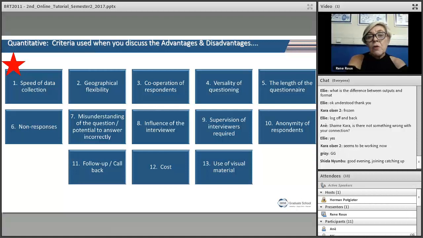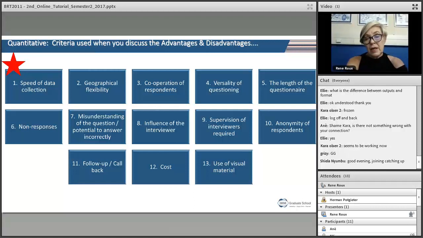If that's very important, then a mail survey is not going to work because you cannot really convince them. There's no opportunity to talk to them and try to convince them that it's in the best interest of a lot of people if they participate. The versatility of the questions. Some questions you just cannot ask over the phone. You need to ask personally.